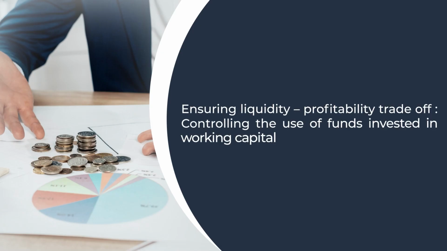Now, once financing has been done for the working capital requirement, we need to ensure the liquidity-profitability trade-off. That means working capital, or money invested in working capital, say in inventory, receivables or cash in our bank balance, definitely has to be controlled judiciously, because control will ensure that we are maximizing profitability while at the same time ensuring liquidity.